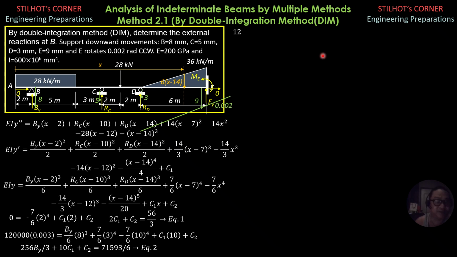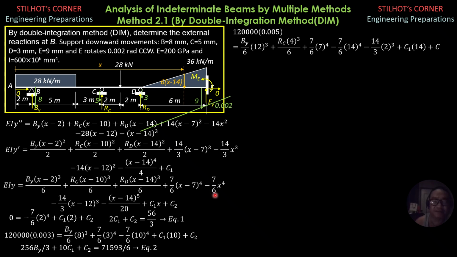So 120,000 times 0.005 equals By times 12 cube over 6 plus Rc times 4 cube over 6, then plus 7 over 6, 7 to the fourth, minus 7 over 6, 14 to the fourth, then minus 14 over 3, 2 cube, then plus C sub 1 times 14 plus C sub 2.